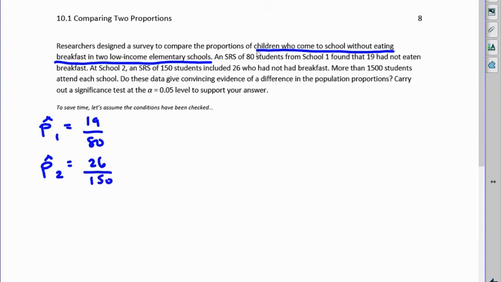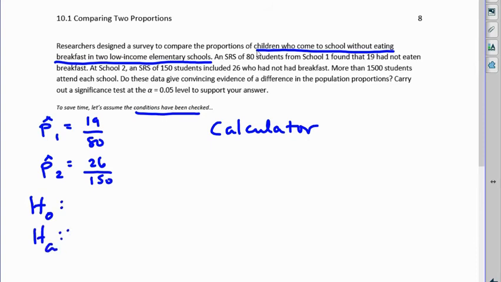Before we use our calculator, knowing that the conditions have been checked, I just need to decide what my hypotheses are, because that will be really important for whether I am going to be pooling or not pooling. So I have my hypotheses.